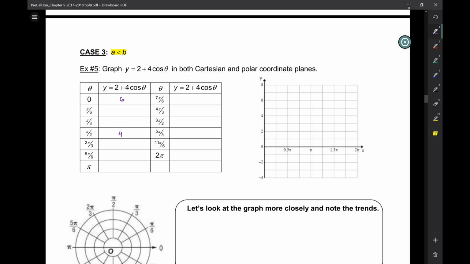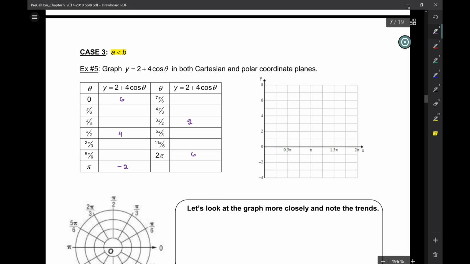Theta equals pi. Now cosine is -1, so it's 2 minus 4, which is -2. And for the first time, we have some negative values here. And then at 3 pi over 2, cosine is 0, so we get a 2. And then we get our maximum of 6.